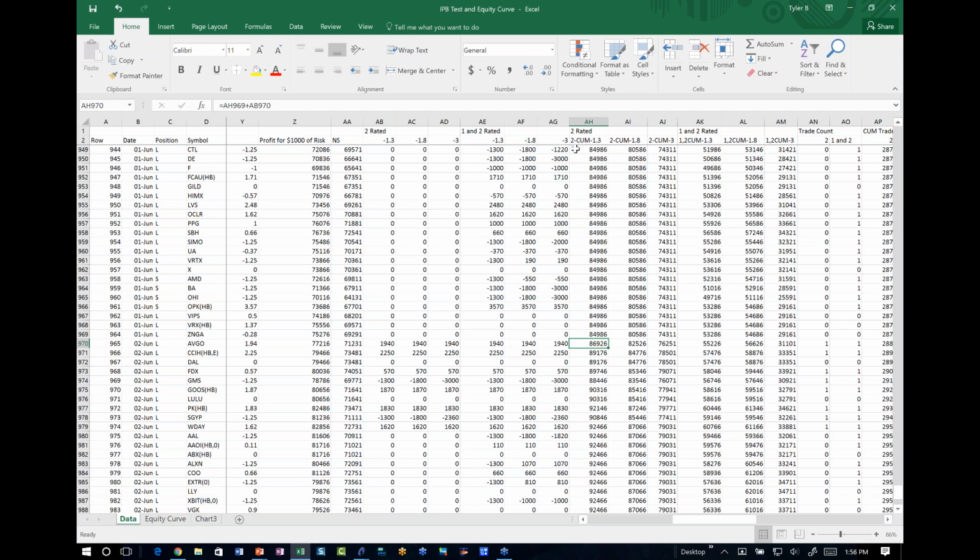So if I took all of the 2s and I had different stops of minus 1.3 or a stop at minus 1.8 or a stop at minus 3, that's what these columns are for. And you can see that the wider stop earned an RR of 74.3, but that tighter stop of minus 1.3 earned 84.9.